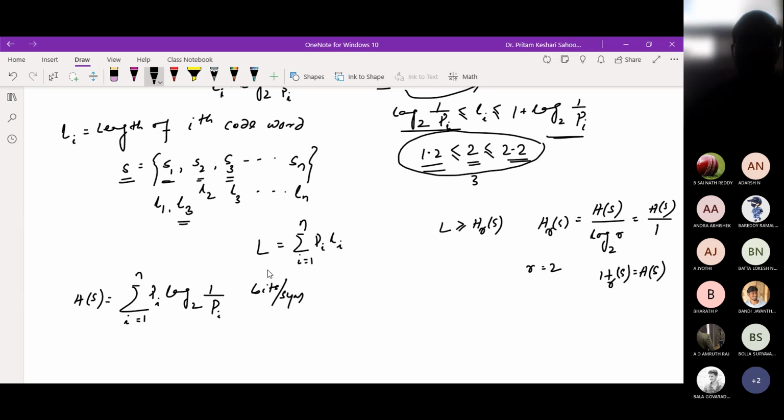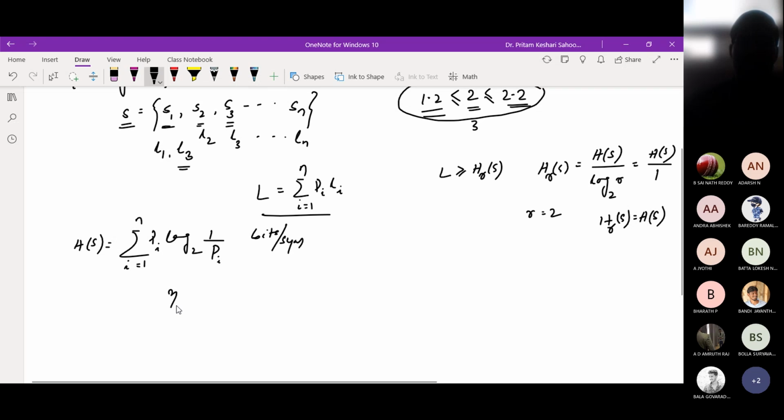And we have the expression of L. From this we can find the coding efficiency. So this eta subscript C represents coding efficiency, which we can find as the ratio of average information with respect to the average length.